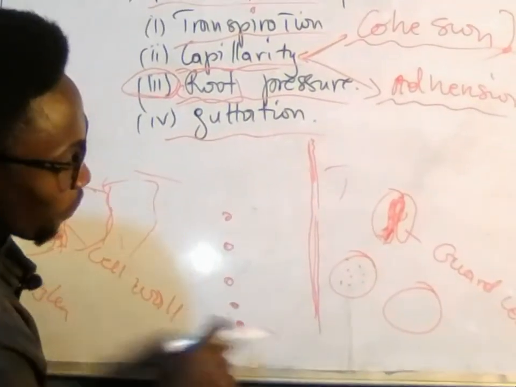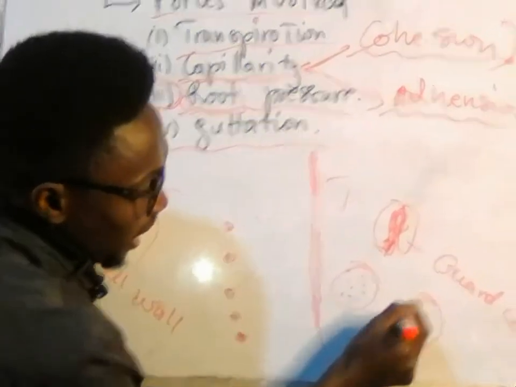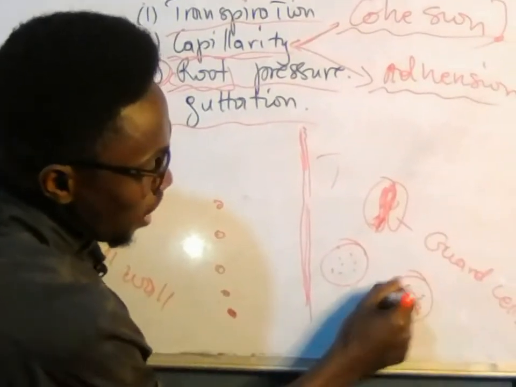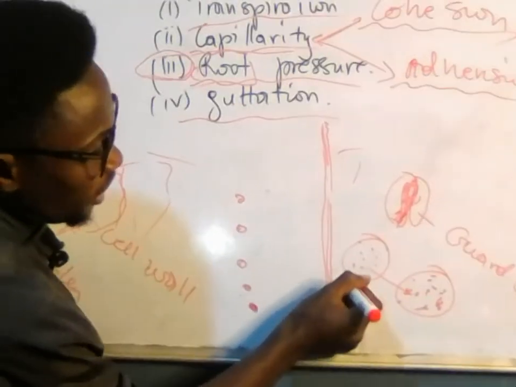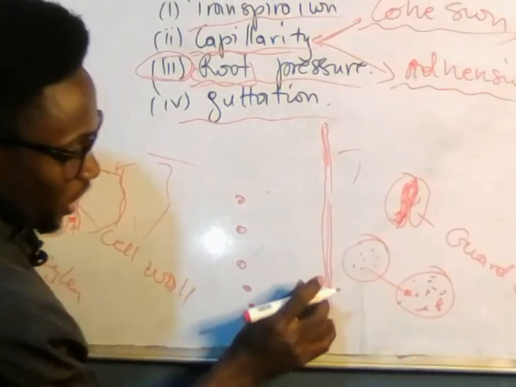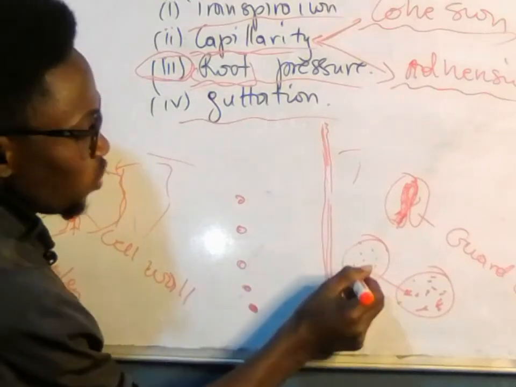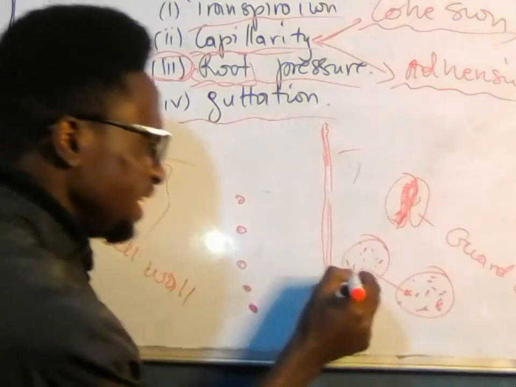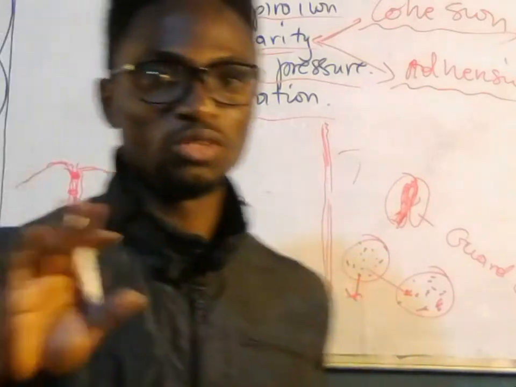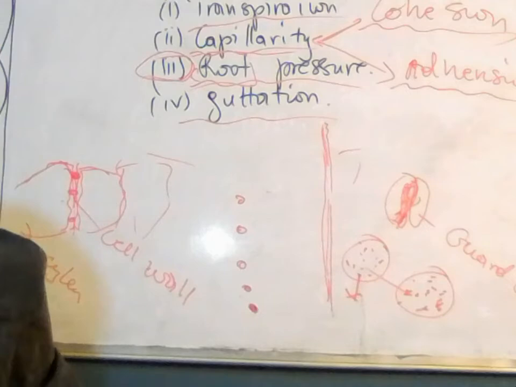This one has fewer water molecules, and this one has the higher amount. What happens is that the water molecules move from the region of high concentration to the region of low concentration. Meaning this one will gain, so that this side is balanced. That gaining is what you call osmotic gain.